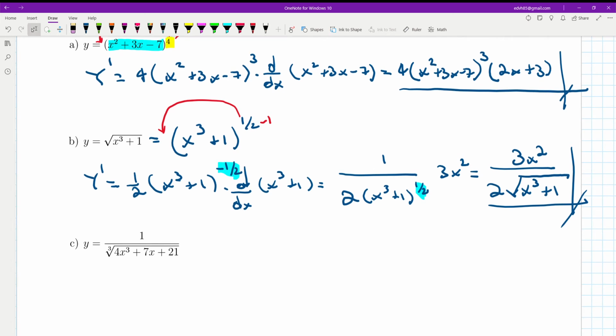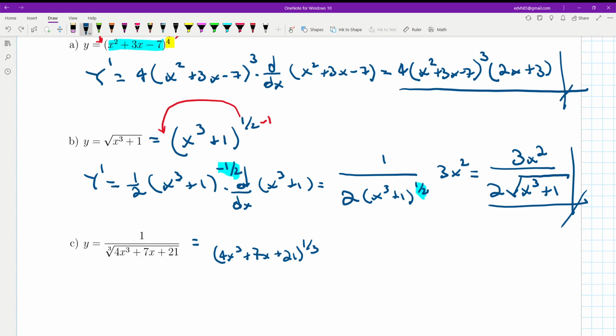So for example number 1, I'm going to rewrite this polynomial under the radical. That's going to be 4x cubed plus 7x plus 21 to the 1/3 power. That's because the index is 3. The index tells us the denominator of the rational exponent.